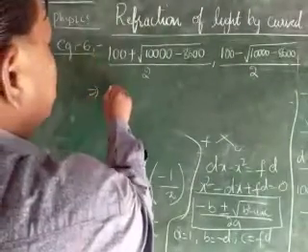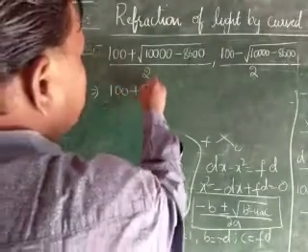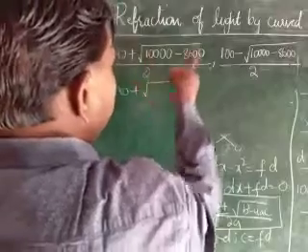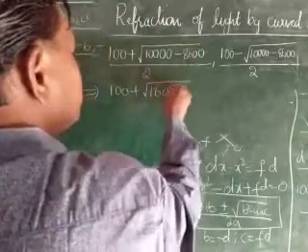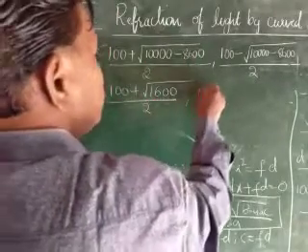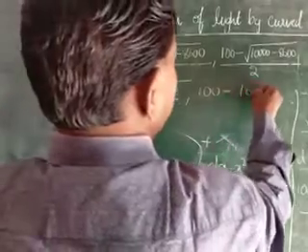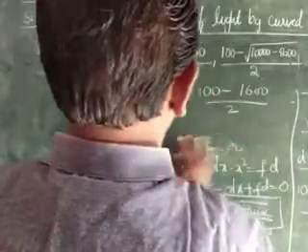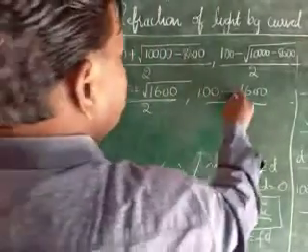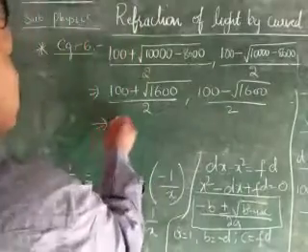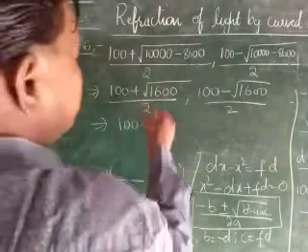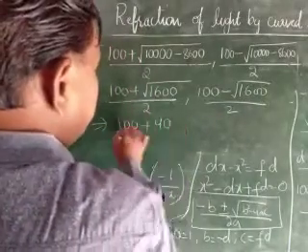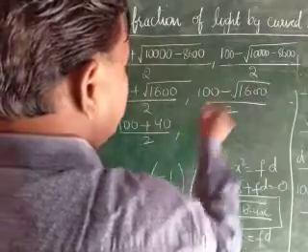That is 100 plus root of 1600 by 2, comma, 100 minus root of 1600 by 2.